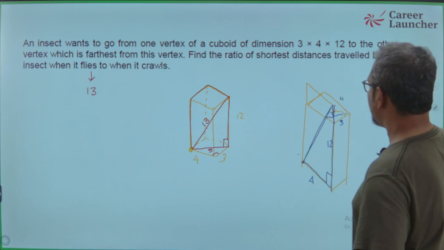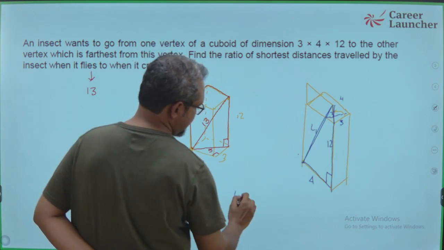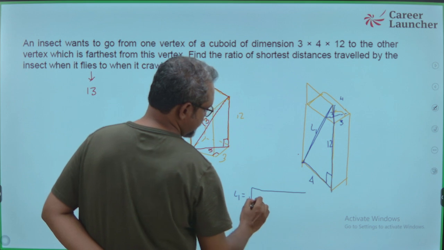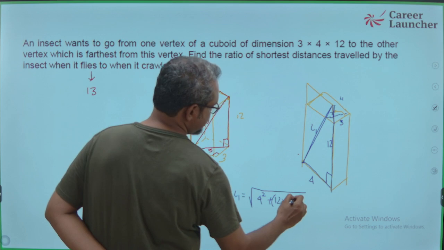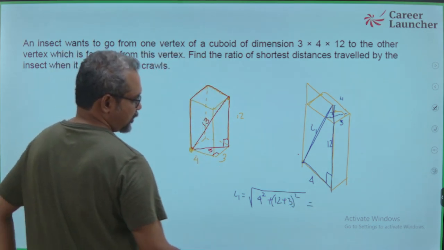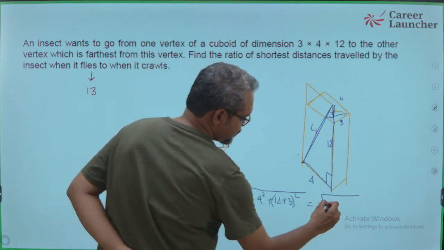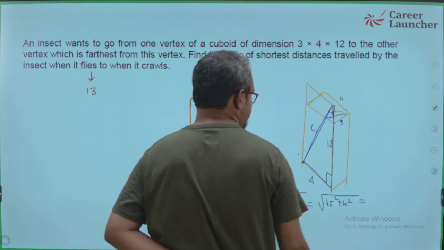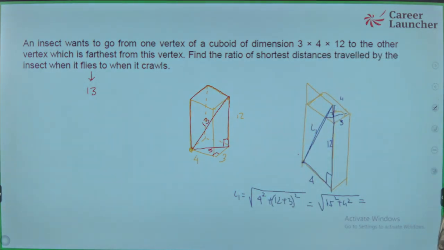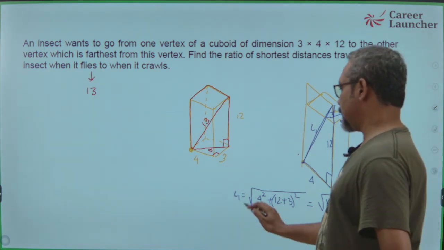So one possibility of this L1 will be root over 4 squared plus 12 plus 3 squared, that is root over 15 squared plus 4 squared. So 15 squared is 225 plus 4 squared is 16. So that is root 241. So that could be one possibility, that is L1.